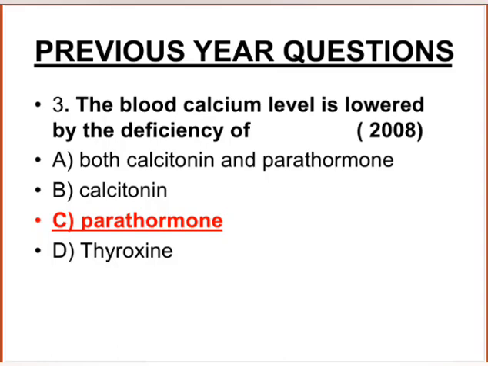Students, see the question carefully. This question looks simple, but it's a critical question. They are asking the deficiency of which hormone reduces the blood calcium level. Usually parathormone increases the blood calcium level. If parathormone deficiency occurs, automatically the blood calcium level is lowered. So we have to read the question carefully.